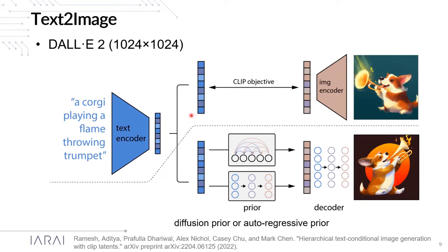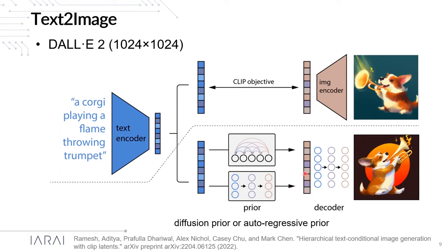Here is the flowchart of this model. Above the dotted line, the authors train a text-image matching model using the CLIP objective. Once the training is finished, under the dotted line, given a text description, the authors first get the corresponding text embeddings using the pre-trained model, and feed this text embedding to a diffusion prior or an autoregressive prior to get a corresponding image embedding.